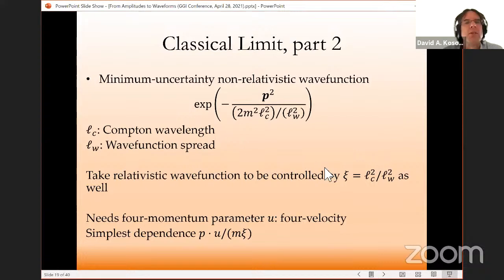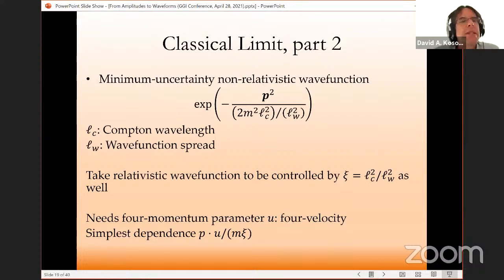There's a dimensionless ratio, which I'll call C, which is controlling it. One can build relativistic wave functions, which are controlled by the same parameter. You need an additional four-momentum parameter to build some Lorentz invariant. When you introduce that parameter, which I'll call U, it turns out that it ultimately has the interpretation of the four-velocity. So you can actually build an exponential of the momentum dotted into what will ultimately be the four-velocity and divided by this parameter C and by M to make the dimensions work out.